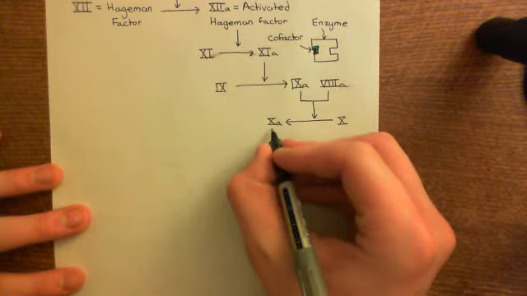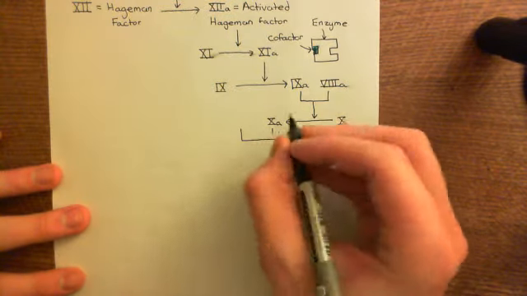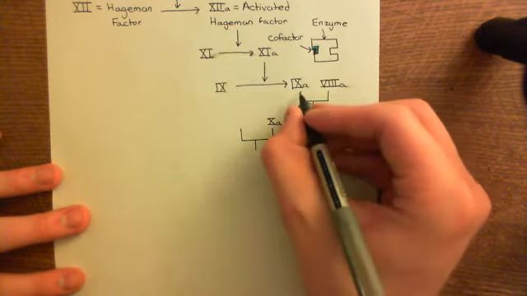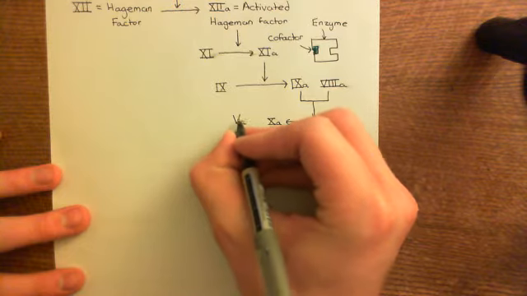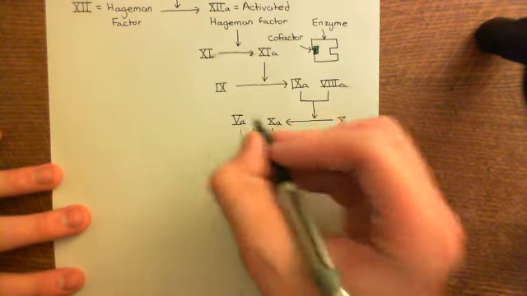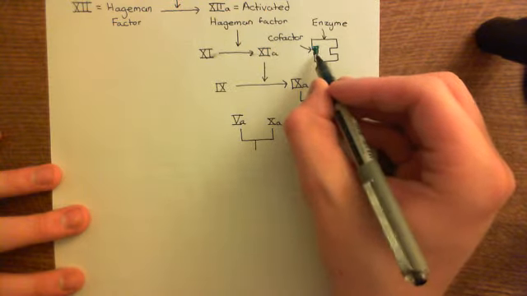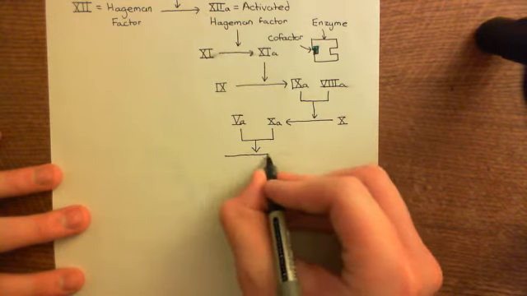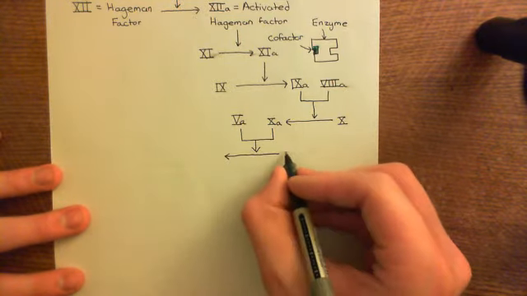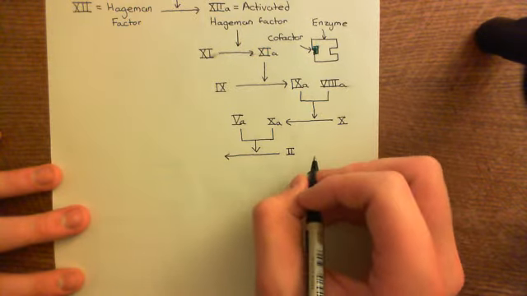Now, factor 10A, once you've produced factor 10A, is going to also require a cofactor, just like 9A required a cofactor. 10A requires a cofactor, and it requires factor 5A. Okay, and together the factor 10A with the cofactor, factor 5A, are then capable of catalyzing the activation of factor 2. And again, factor 2 is kind of like factor 1 and also like factor 3.